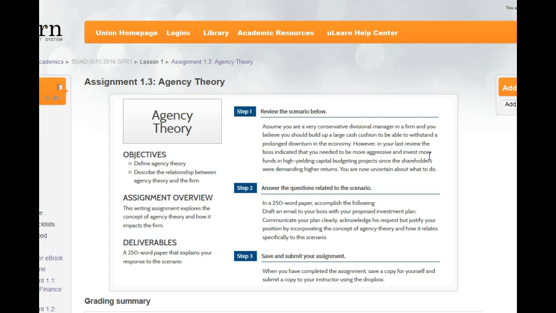Not to mention you have the CEO in the middle of that. So you need to look at what it means to be a very conservative division manager. What does very conservative mean? And why do you want to build up a cash cushion? What are the advantages of doing this?